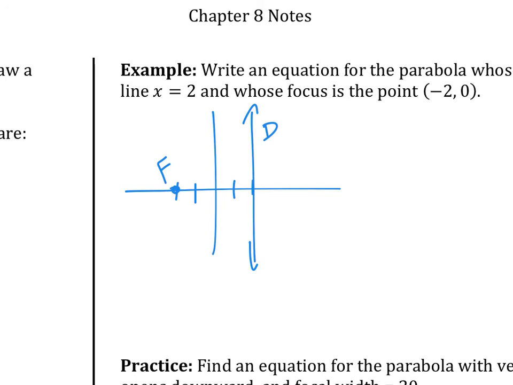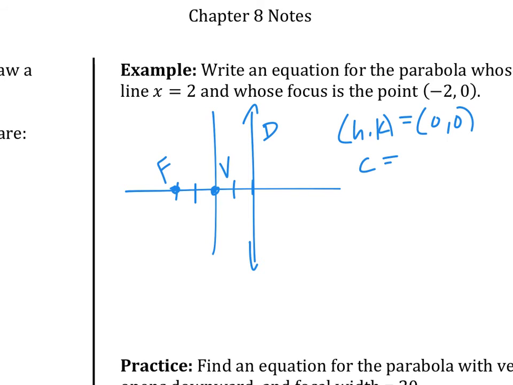The next question is, where is the vertex, the h, k? Where is the vertex? (0, 0). Has to be in the middle, right? So we need h, k and we need p if we want to write an equation. So h, k is going to be (0, 0).